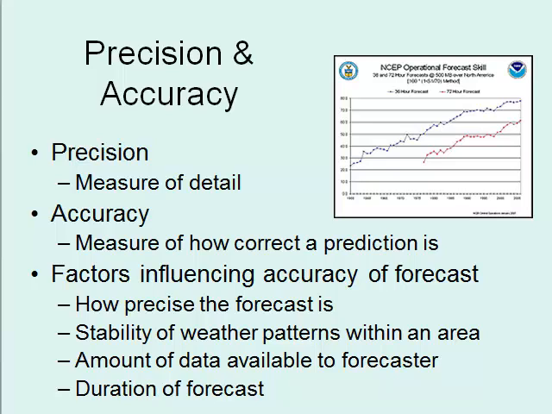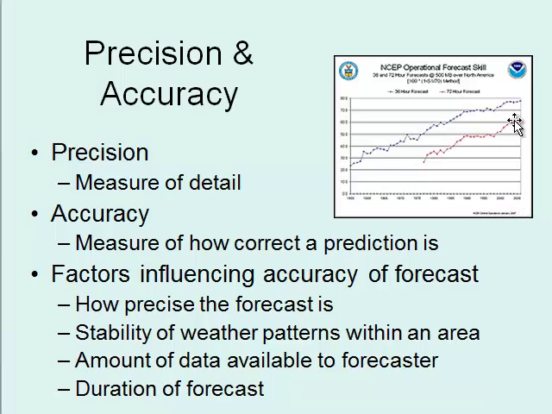And then the duration. The shorter your forecast, the more accurate it's going to be, because forecasting over a few days tends to be easier and more accurate than trying to predict a week or more in advance. In this graph you can see how the accuracy of both 36-hour and 72-hour forecasts has increased over time, from the 80s to 2005.